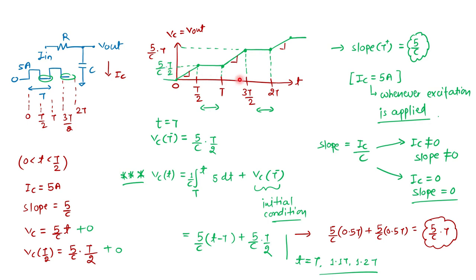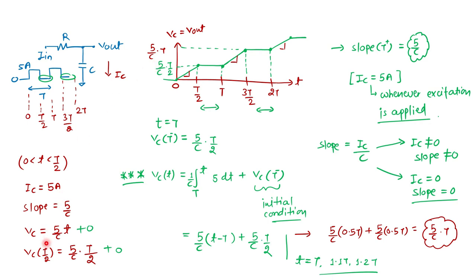Because the slope is same, between time t by 2 and 3t by 2, again the same change will happen. So one more 5 by c t by 2 will add, which means this node will be 5 by c t by 2 plus 5 by c t by 2, which is 5 by c t.